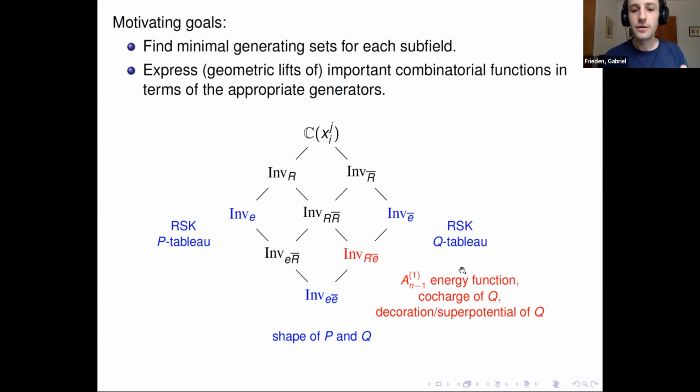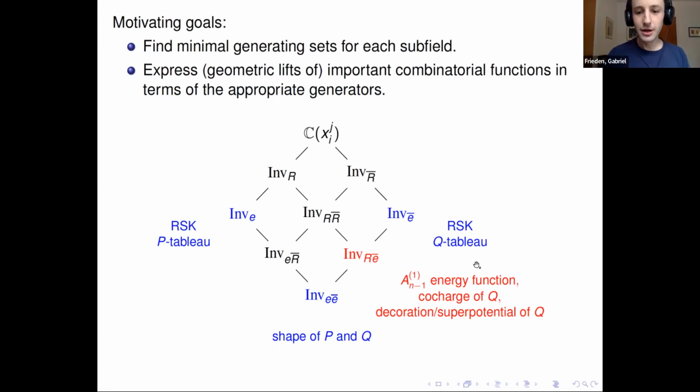So there should be some geometric lift, as Sam Hopkins said, there's this art of finding a good detropicalization. And if we find a good detropicalization, it ought to live in the subfield which is invariant under the operators that the combinatorial function is invariant under.